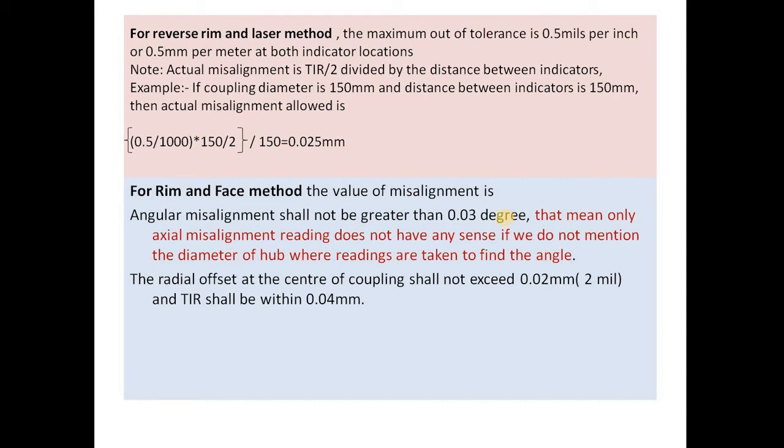Otherwise, a simple axial reading for the rim and face method does not have any value unless you give the diameter. You have to measure the angle, and the maximum angle permitted is 0.03 degree. Similarly, for offset, the total indicator reading shall be 0.04, which diametrically actually is 0.02.